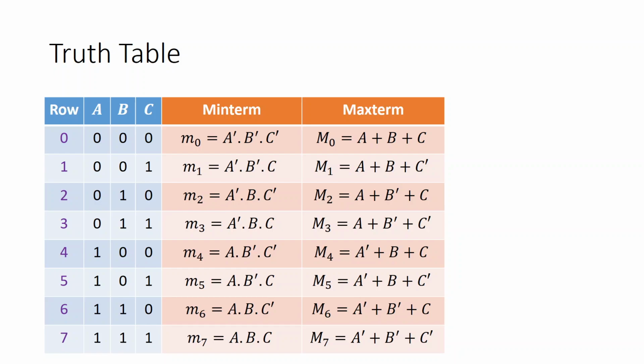So like that we must understand. For a 3 input function, min terms can be from M0 to M7 only. If we have to go to min terms 8, 9 or like that, we must have a 4 input function.